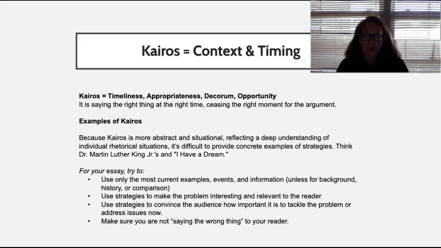It's about using a deep understanding of individual rhetorical situations, knowing what to say and when to say it. It's more big picture, and a little difficult to provide exact or concrete examples and strategies.